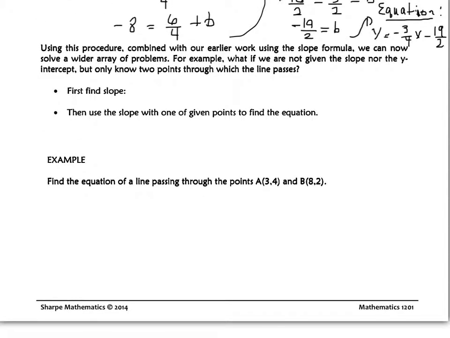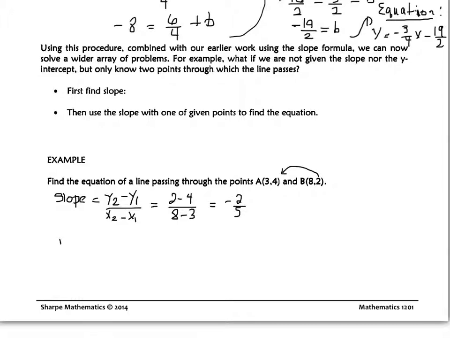So the first thing we need to do is calculate our slope, which in this case, using our formula again, just to remind you if you've forgotten, is y2 minus y1 over x2 minus x1. So that would be 2 take away 4 over 8 take away 3, which is going to be negative 2 over 5.